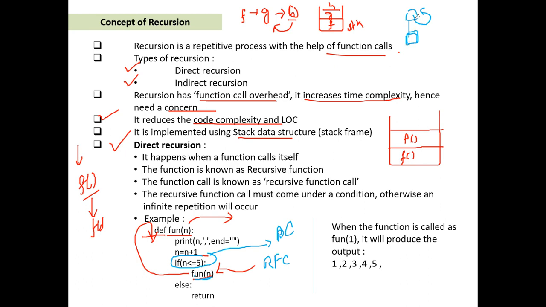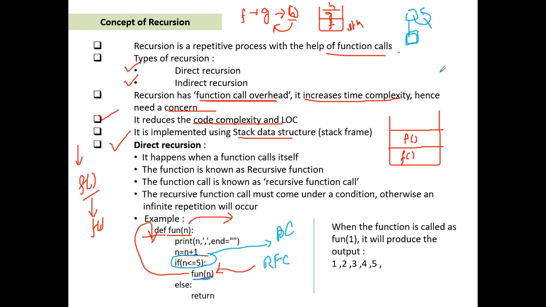So this recursive function call must come under a condition. That condition is termed the base condition. It is there to make a provision to break the recursion. That recursion loop, somewhere you have to break it.